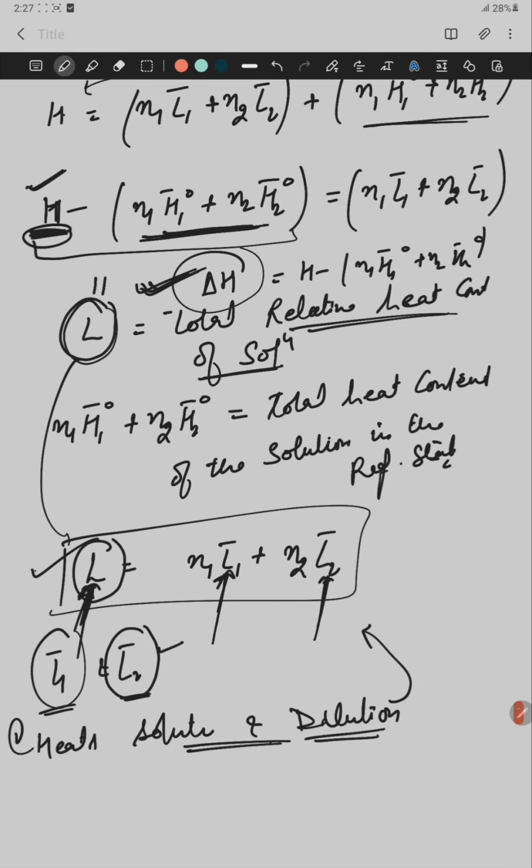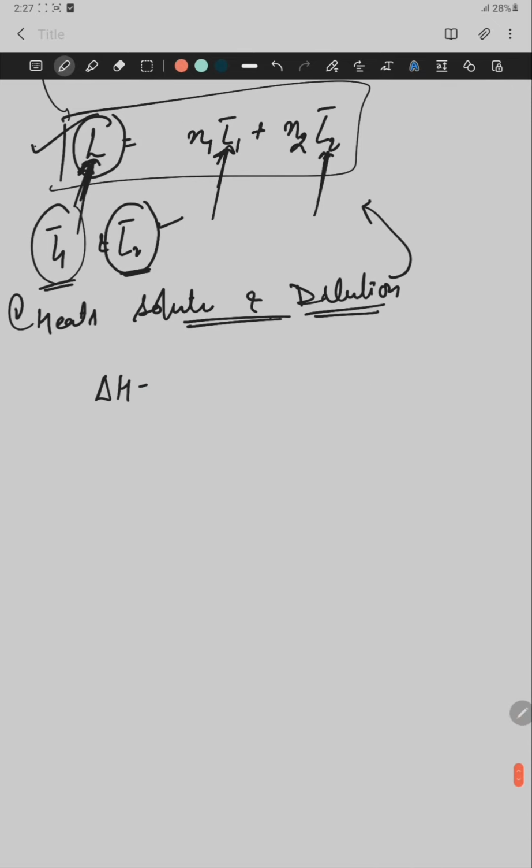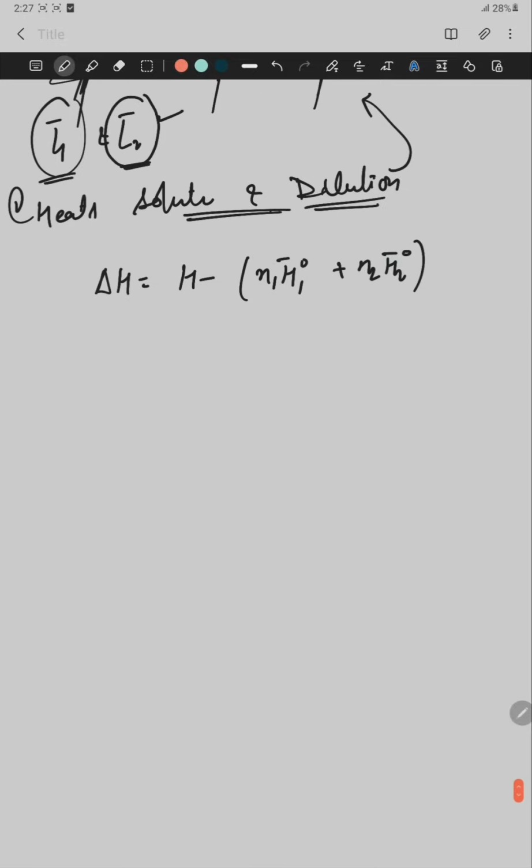Since here we have calculated delta H, which is equal to H minus N1 H1 bar plus N2 into H2 naught bar. Suppose N1 is the number of moles of solvent and N2 is the number of moles of solute.